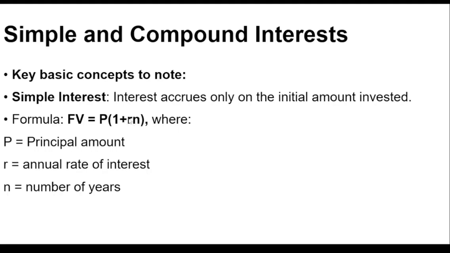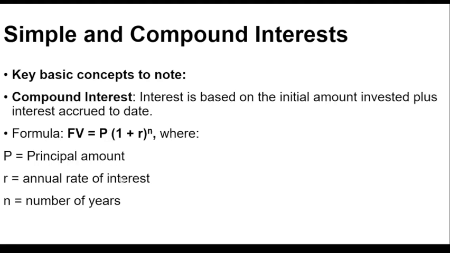The P is the principal amount, the amount you have invested. The R is the annual rate of interest, and the N is the number of years you have invested the principal. All right, so that is what we have there.